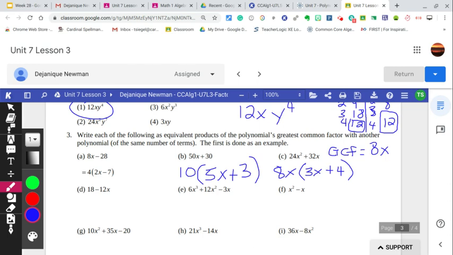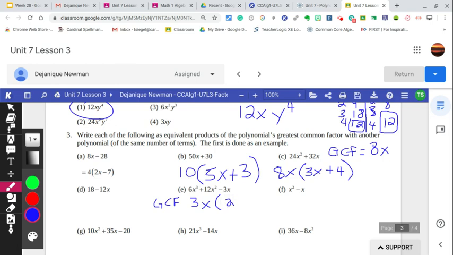Okay? And if you have three things like e, right, the greatest common factor of 6, 12, and 3 is 3. X cubed, x squared, and x is x. Now you divide. 6 divided by 3 is 2.